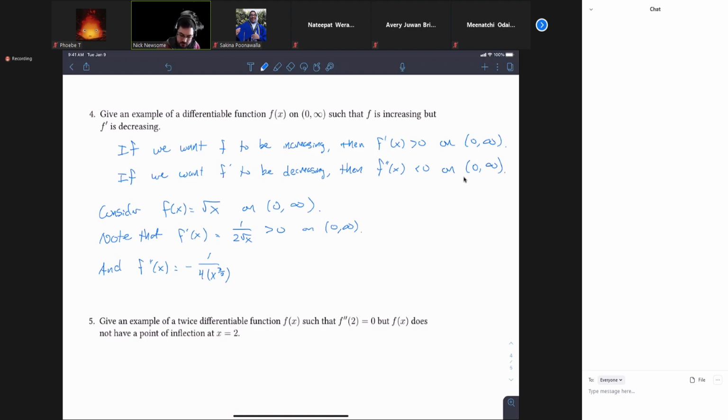And again, if I take some positive number, I cube it, I get something positive, I take its square root, I'm still positive, I divide by it, still positive, multiply it by 1/4, still positive, then I throw a negative in front of it.